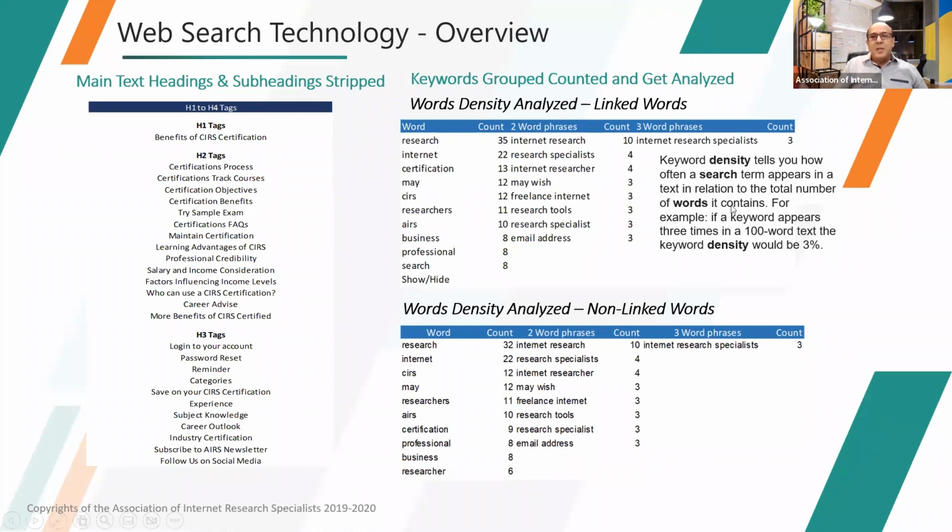Since this is just an example, it is a more extensive list when you actually do a simulation. But for now, this gives you a visual of how it could be explained better as one of the functions. Now, there could be linked words and non-linked words. We don't have to worry about them. When we are doing SEO training, or learning at an advanced level of research or search, we talk about linked and non-linked words.